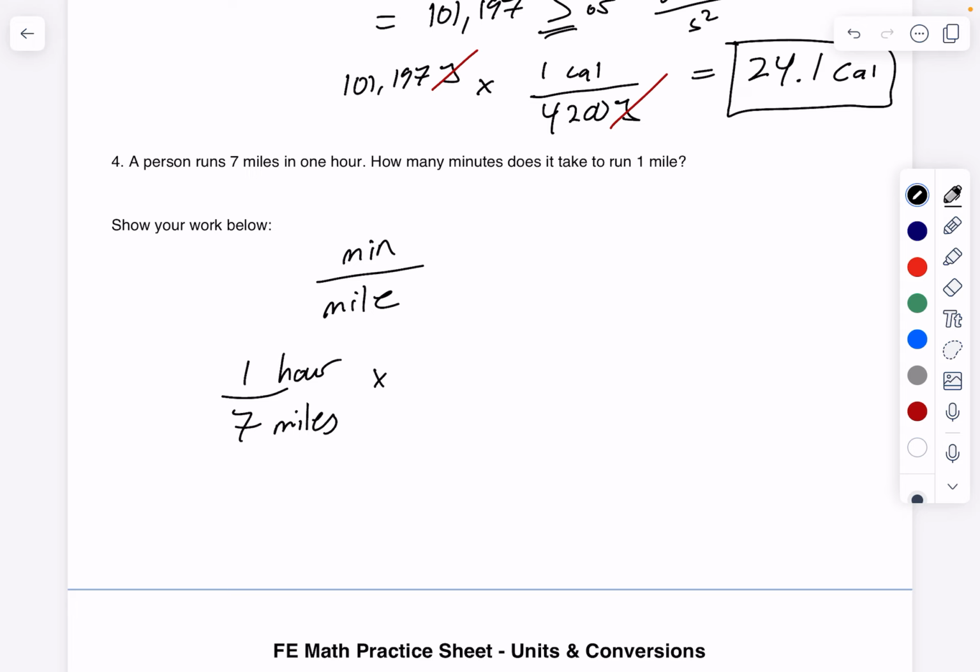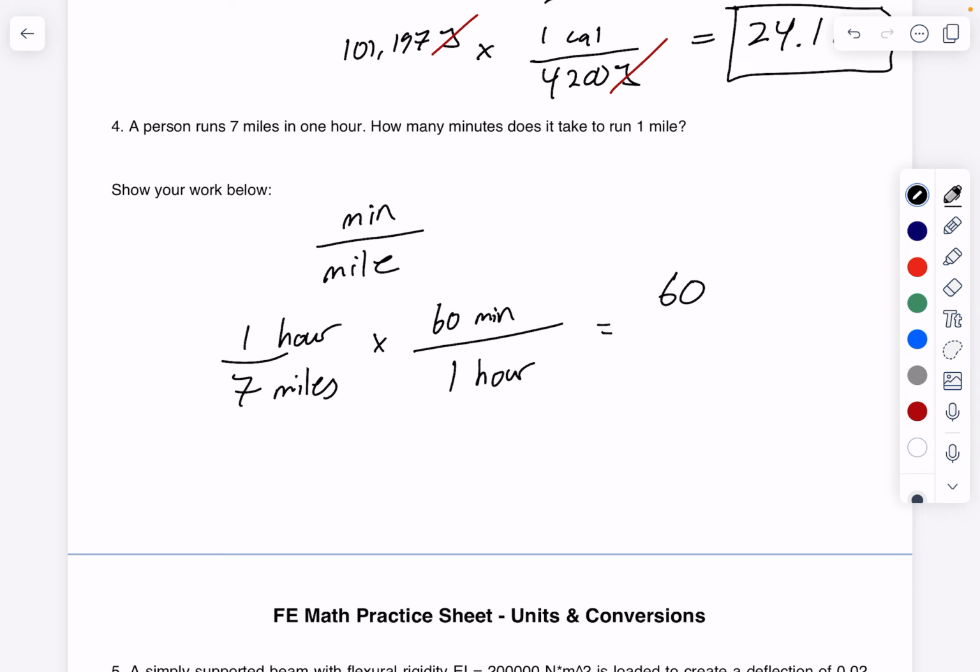We'll multiply that by 60 minutes and 1 hour, and this will give us 60 divided by 7 minutes per mile.